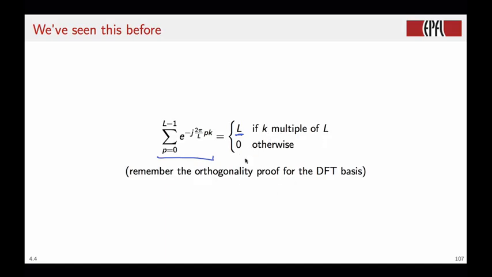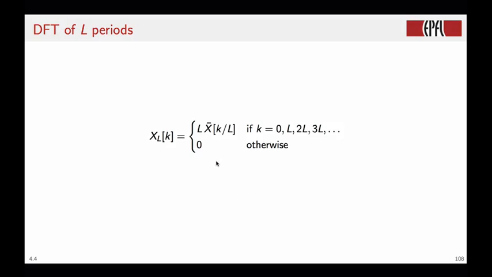So with this knowledge, we can plug this back into the formula for the Fourier transform of L periods and find out that the kth DFT coefficient will be equal to L times the original DFT coefficient that you could have computed for the finite support signal if k is a multiple of L and 0 otherwise. So given the DFT of L periods, you will have only one non-zero DFT coefficient out of L, and this will be equal to L times the original DFT coefficient.